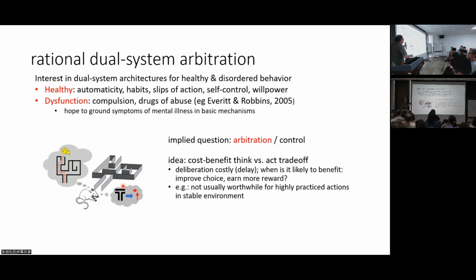I would have compounded it, right? Because now either they want to do the same thing, in which case I don't need two, or they don't, in which case I have to decide which one to trust. So once you have multiple routes to choice, you have this arbitration problem: when should I use the deliberative system and when should I use the habitual system, right?